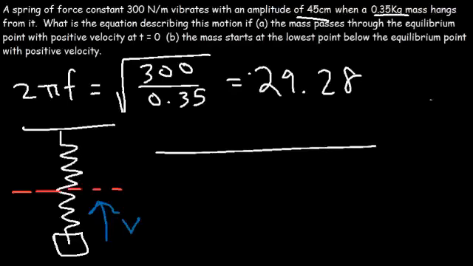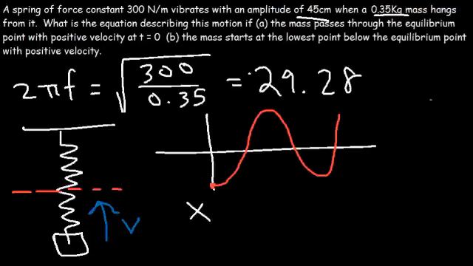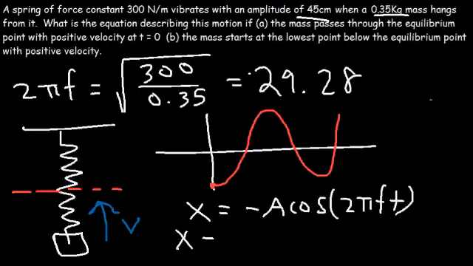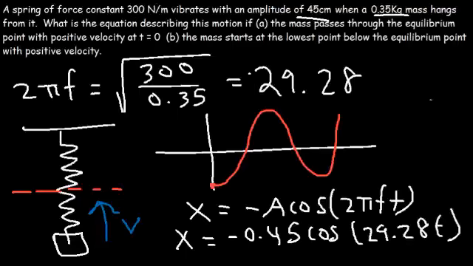So if we graph it, we're starting at negative a. If you don't start at the center, it's going to be the cosine function. Sine always starts at the center. Since we're starting at the bottom, this is negative cosine. So x is negative a cosine 2 pi ft. So the equation that describes this motion is negative 0.45 cosine 29.28 times t. So that's the answer for part B.